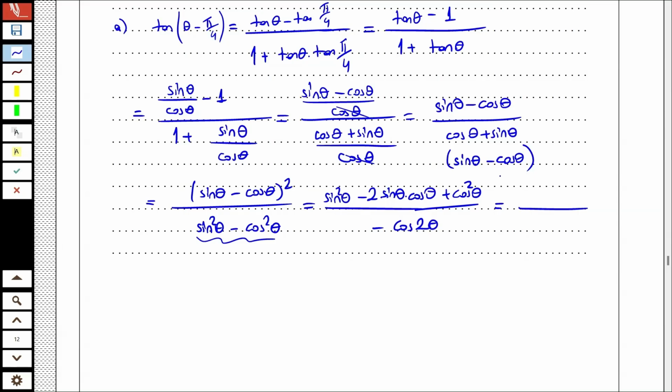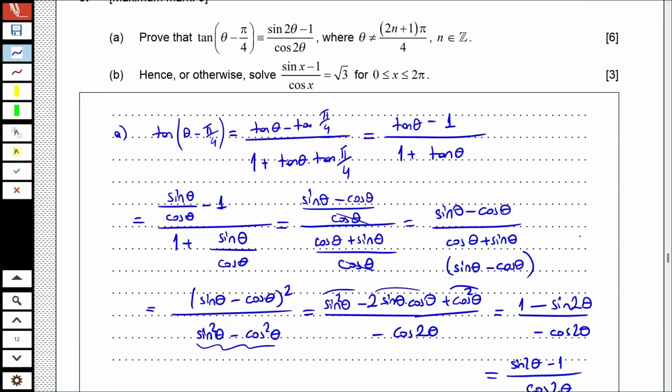At the numerator, since sine squared plus cosine squared is 1, you can write 1 here, minus, and also by the double angle identity, sine 2 theta, divided by cosine 2 theta. You can also write (sine 2 theta minus 1) over cosine 2 theta, right?